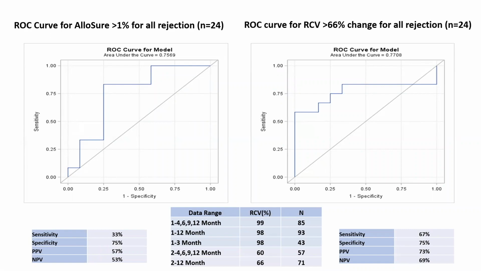You can see the specificity, sensitivity, and the positive predictive and negative predictive values. When we use greater than 1% as the cutoff, your positive predictive value is only 57%. But when you use 66%, the relative change value, as your cutoff for rejection, you increase your positive predictive value to 73%.